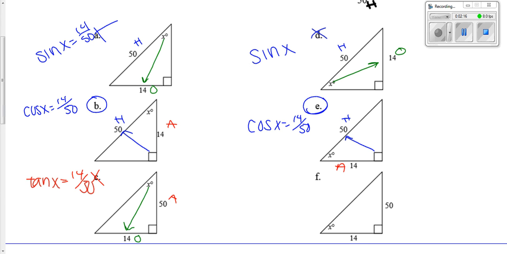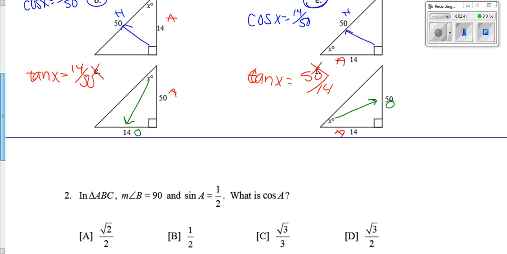So E would work. And then for F, 50 is our opposite, 14 is our adjacent. So this would be tangent of x equals 50 over 14. So we couldn't use F. So the only two whose setup would be cosine x equals 14 over 50 would be B and E.